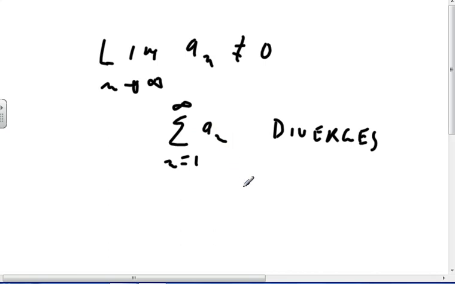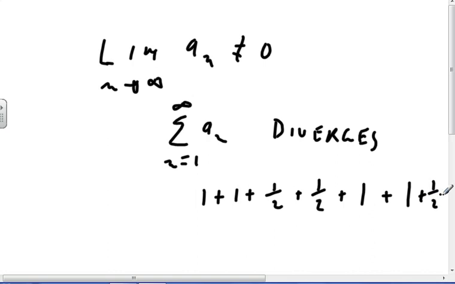So even if I had something that was 1 plus 1 plus 1/2 plus 1/2 plus 1 plus 1 plus 1/2 plus 1/2, my a_n as n goes to infinity doesn't get smaller. It's not 0. If it's not 0, then the series is going to diverge.